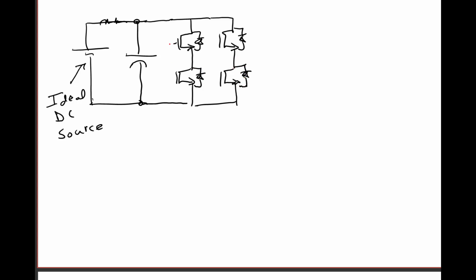What I want to do is apply a gate voltage to the four devices. I'm not going to get hung up on the gate drive and all of the analog circuitry. We're just going to say if I can apply a 1, it turns on. So there's a 1 or a 0 or a 1 or a 0 here. 1 turns on, 0 turns off.